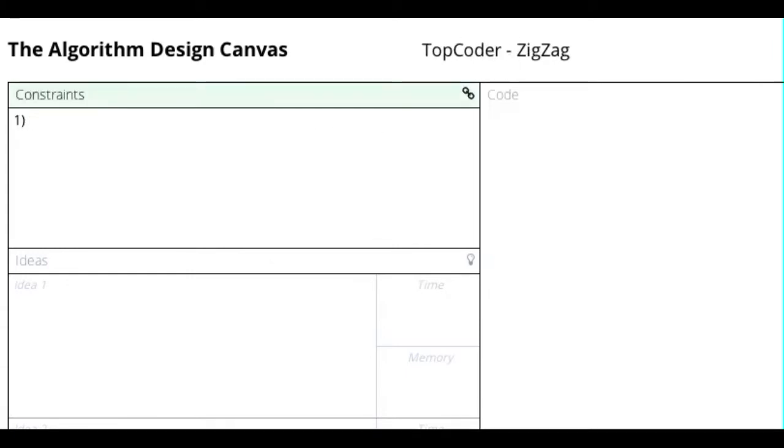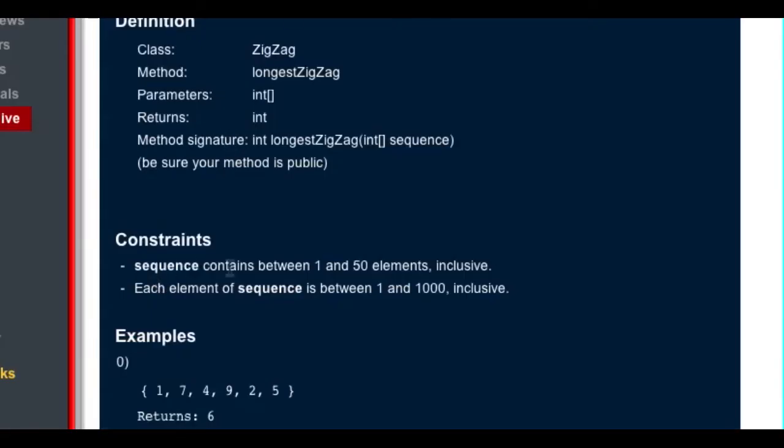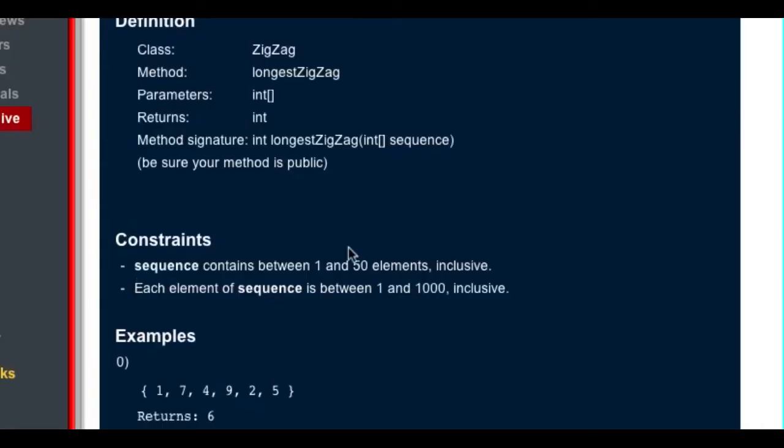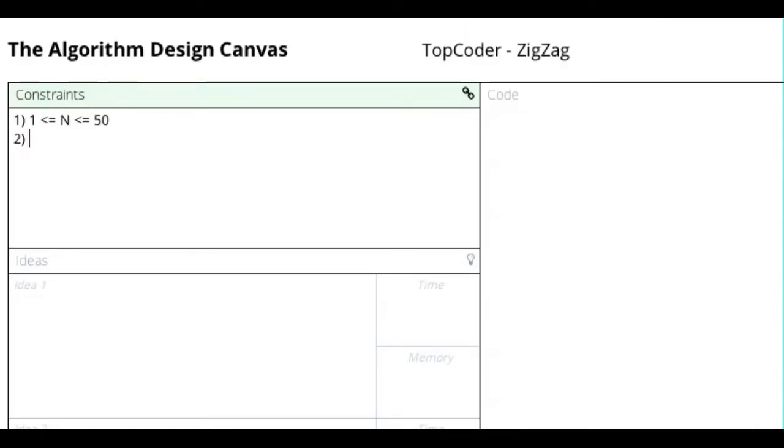And then we can say that the first constraint is this. 1 is smaller than n, smaller than 50, so n will denote the length of the sequence is between 1 and 50, and then each element is between 1 and 1000, so we can say 1, each element will just denote the sequence with the lowercase a. Right, excellent. So we've now scoped the problem.